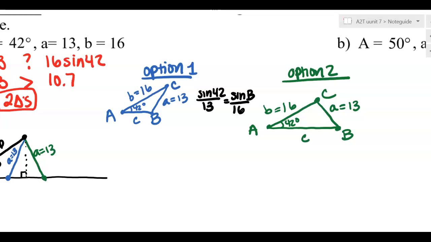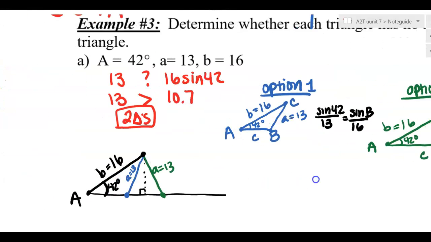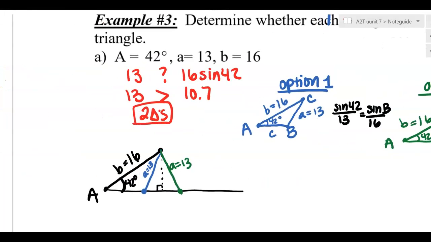However, I do actually know that in option 1, B is obtuse. The reason I know is remember where option 1 came from? It came from our drawing of these 2 triangles over here, right? See where that perpendicular line was right here? I do know that angle B is obtuse because of the way I drew the line, at this slant from the 90 degrees, which made that one smaller and this one bigger than 90 degrees. Does that make sense to everybody?